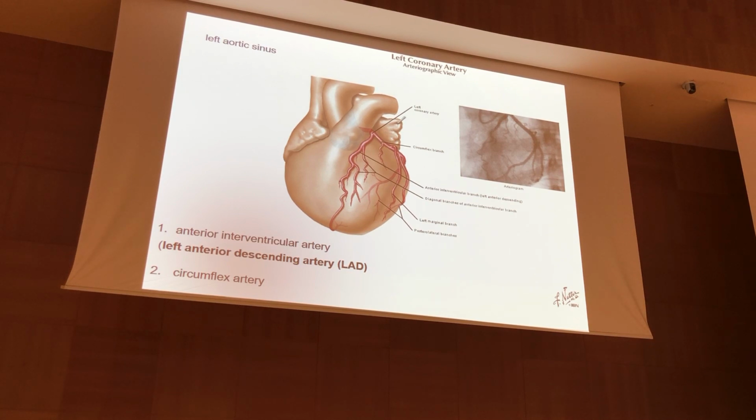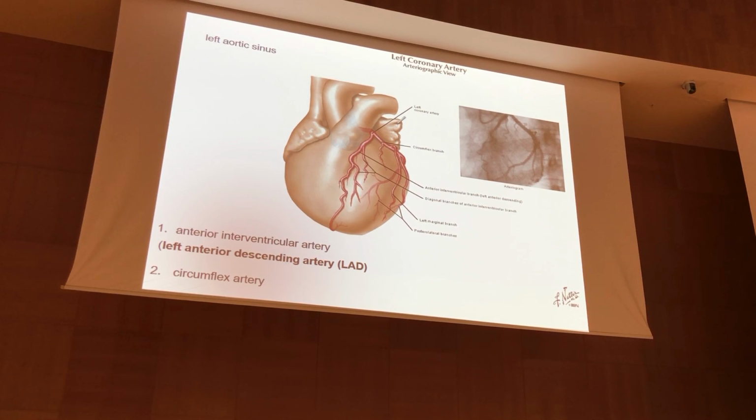But also, it's going to supply the interventricular septum, the anterior 2/3 of the interventricular septum. Okay, so it is extremely important, and this is the commonest artery to be affected by atherosclerosis or arterial closure. Okay?